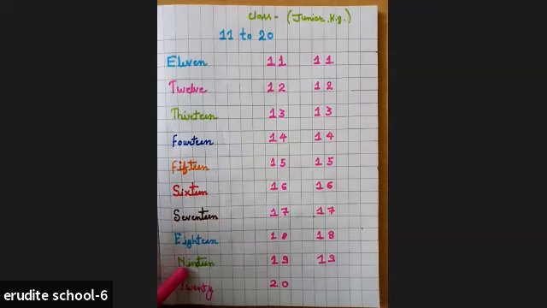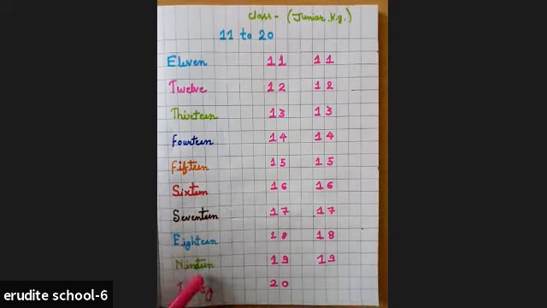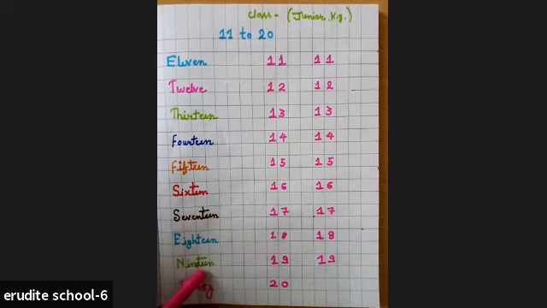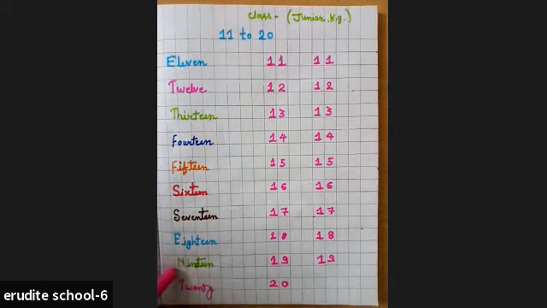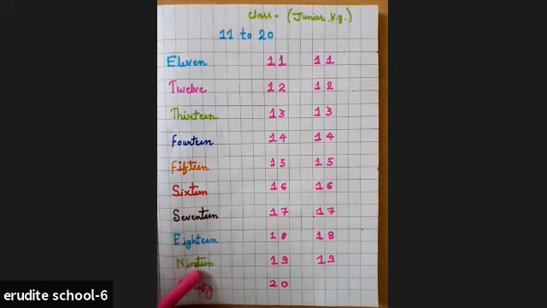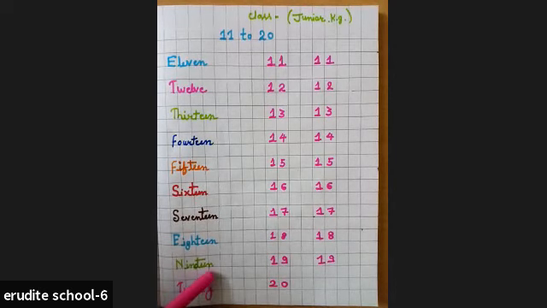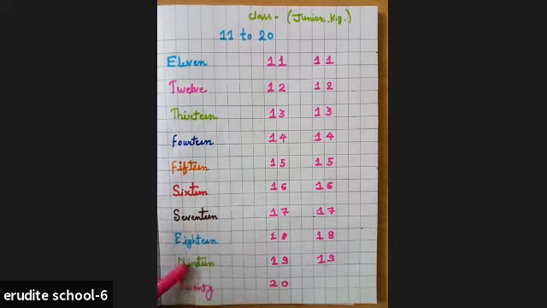N I N E T E E N. 19. Spelling of 19. N I N E T E E N. 19. Okay. 1 9 19.